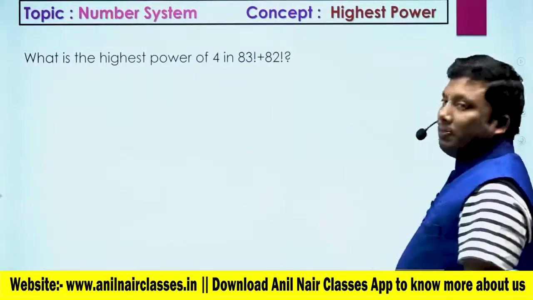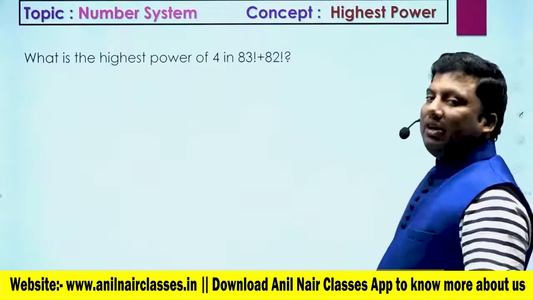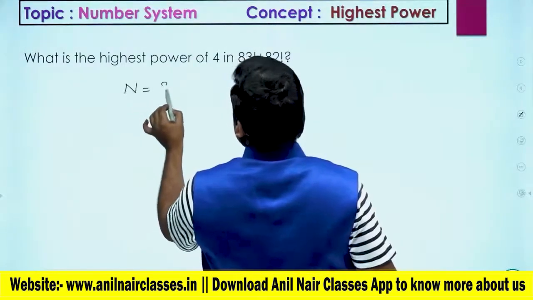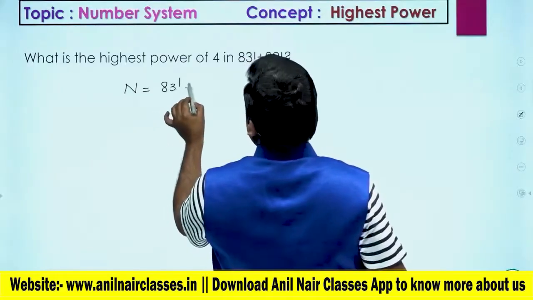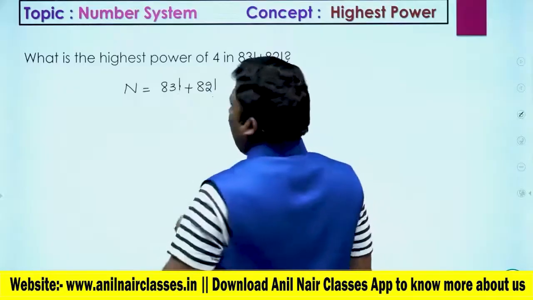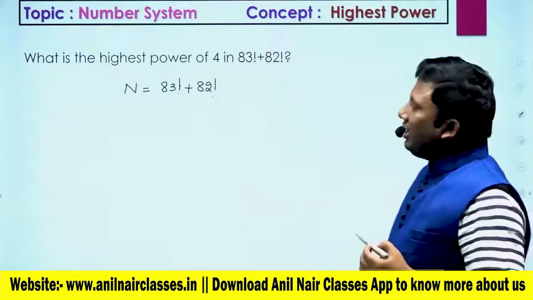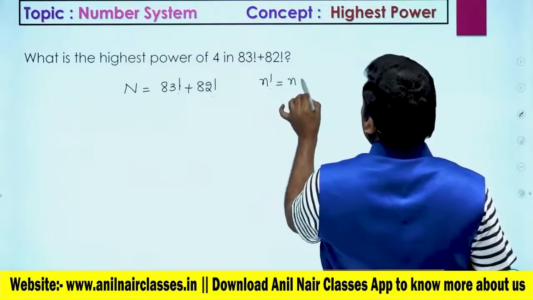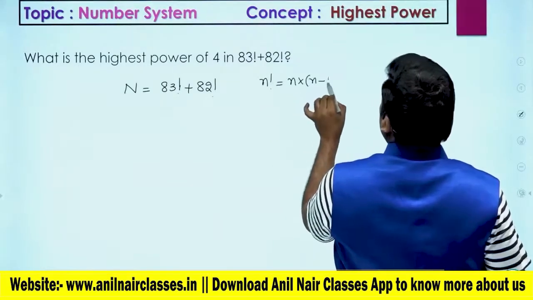What is the highest power of 4 in 83 factorial plus 82 factorial? Let us call this number N. In this term, what is the highest power of 4? N factorial is defined as n into n minus 1 factorial.